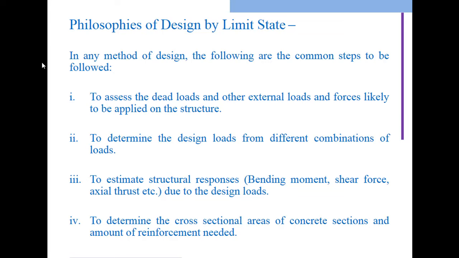Then the second is to determine the design load from the different load combinations. As you know, IS 456 always provides combinations for dead load plus live load plus wind load plus earthquake load, with different factors, factors of safety, ultimate factors. Why?